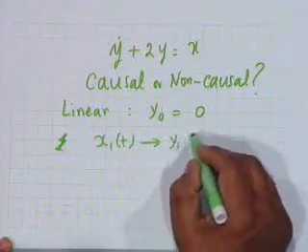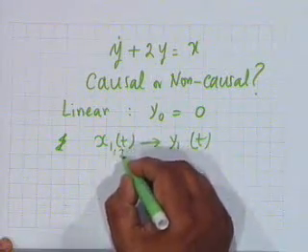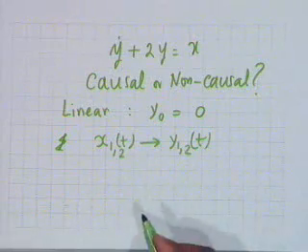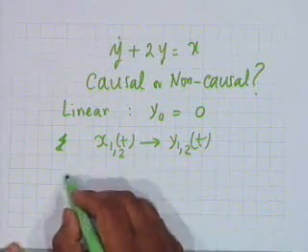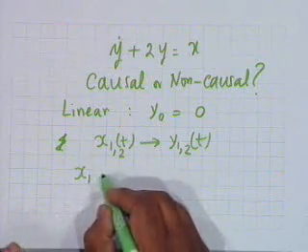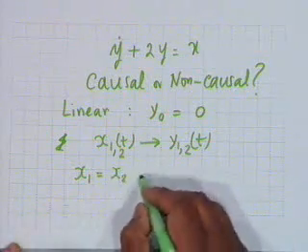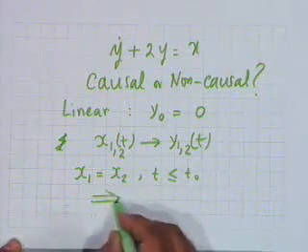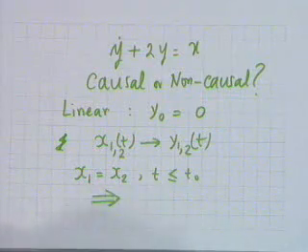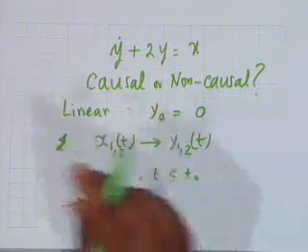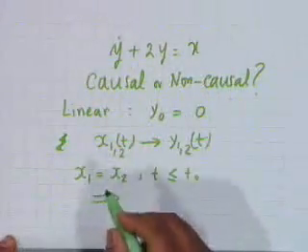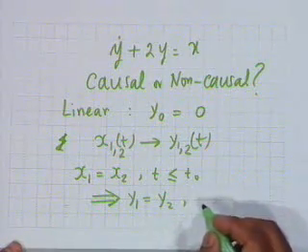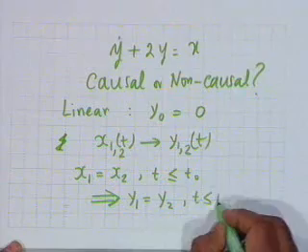x1 of t leads to y1 of t and x2 of t leads to y2 of t. There are two inputs and there are two separate outputs. We know that the system is causal if and only if x1 equal to x2 for t less than or equal to t0 implies that, if the two inputs are identical for t less than or equal to t0, that is from minus infinity to t0, then this should imply that y1 equal to y2 for the same interval of time, that is t less than or equal to t0.